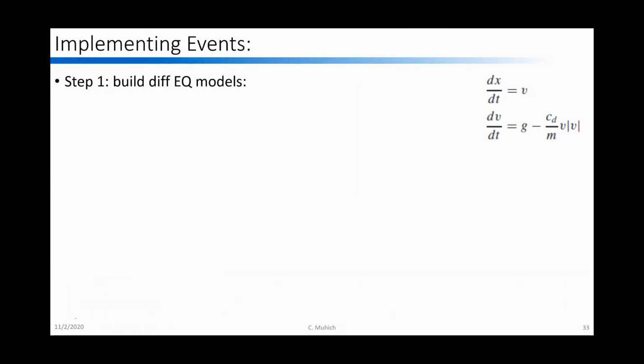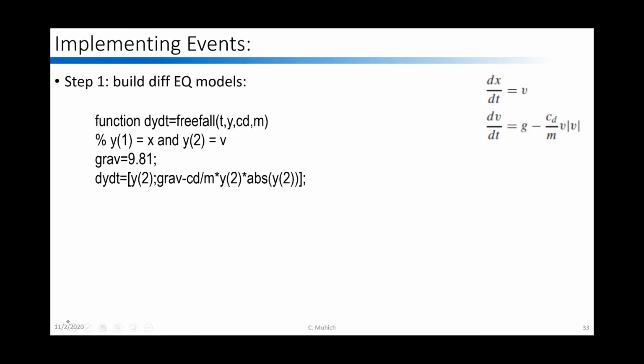So how are we going to implement this? First we need to implement just the base case, what's going to happen in those differential equations. I could build a function that's going to calculate dy/dt, so my change in velocity and my x. Here I need to incorporate two values, my x and my v.